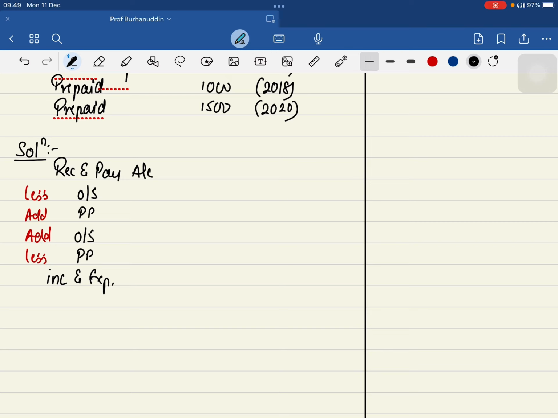I am writing the shortcut. First, the beginning, the previous year, the last year, whatever you want, you can write. I am writing beginning, and then ending. So you are not going to have to remember or think in the examination whether outstanding is added or subtracted. Just go to the working note.